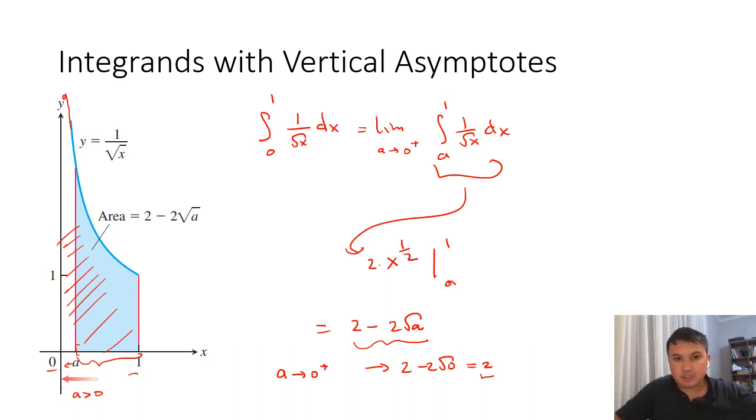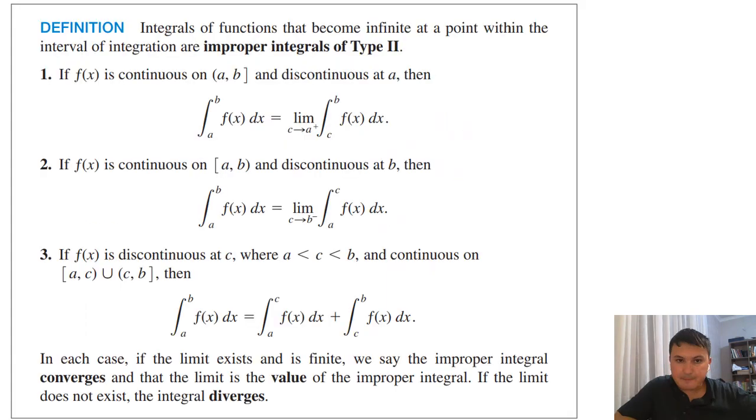Alright, so here's the general definition. When we have an infinite value at a certain point, if we have some vertical asymptotes, it's called an improper integral of type 2. Except at a, I'm assuming that the function is continuous.